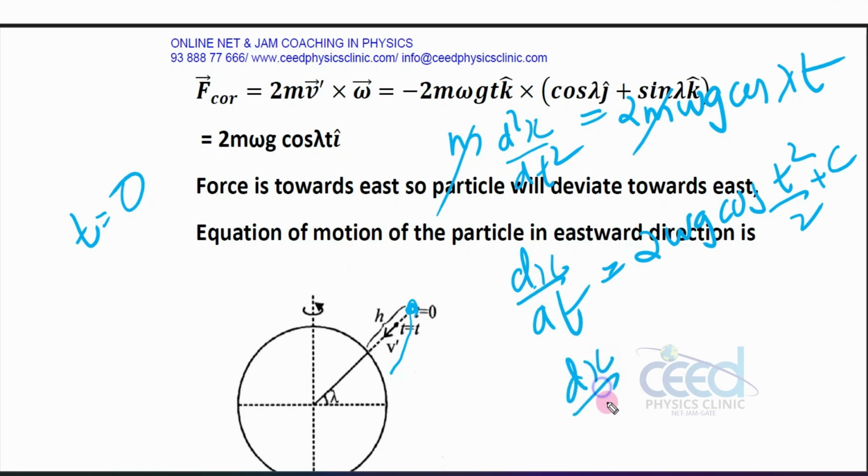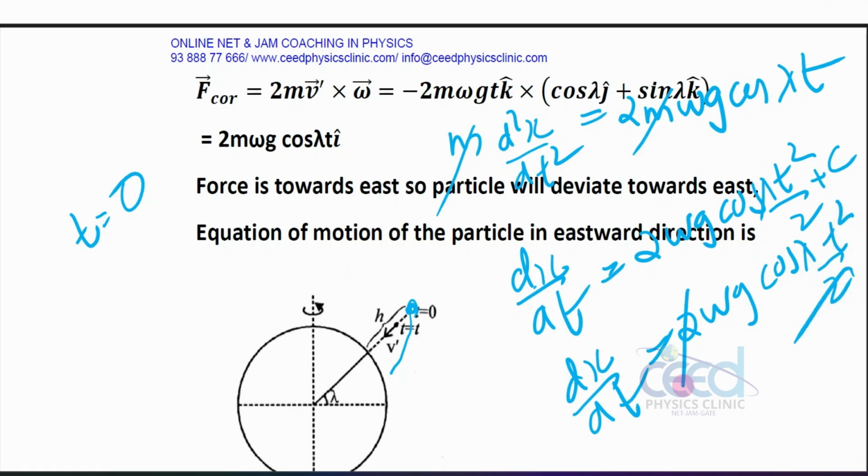Then what I can write? dx by dt is equal to 2 omega g cos lambda t square by 2. 2 cancel. Now again integrate. Again you integrate means you get x. x is equal to omega g cos lambda, right? Cos lambda t square on doing, t cube by 3. Okay. Now this is the eastward deviation formula.